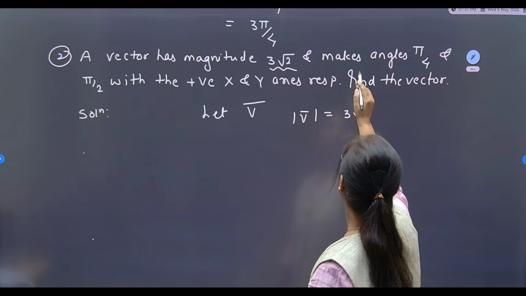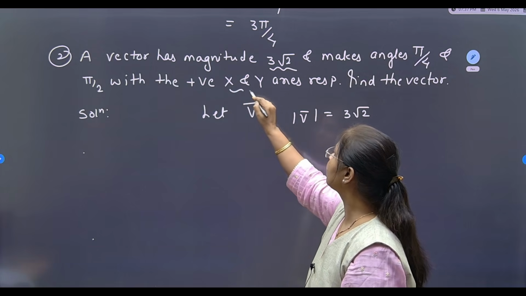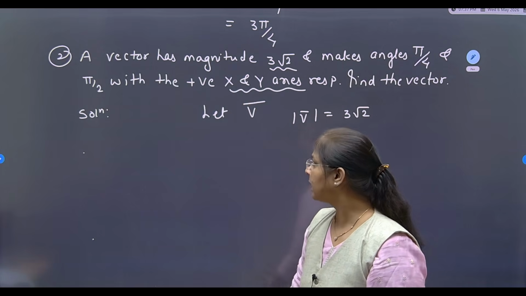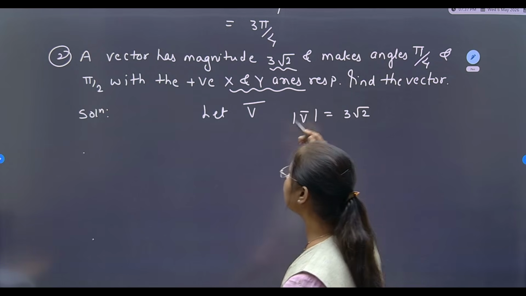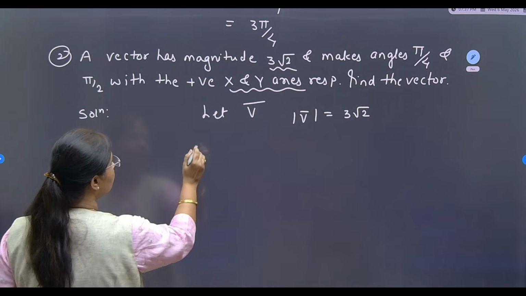Next, it makes angles pi by 4 and pi by 2 with the positive x and y axis. The required vector makes an angle pi by 4 with respect to the x axis, say alpha.